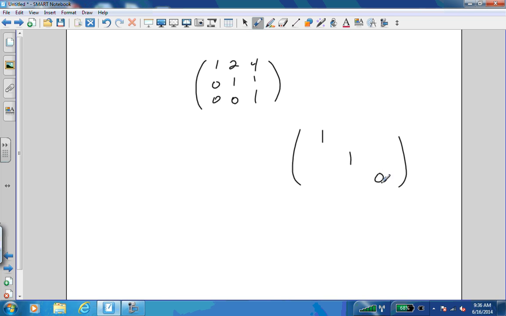Notice this number here, this is on the main diagonal, but it's 0. So everything below the diagonal has to be a 0. We could have zeros other places, but everything below the diagonal has to be a 0. So this is upper triangular.